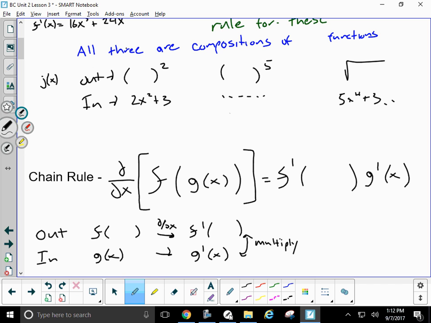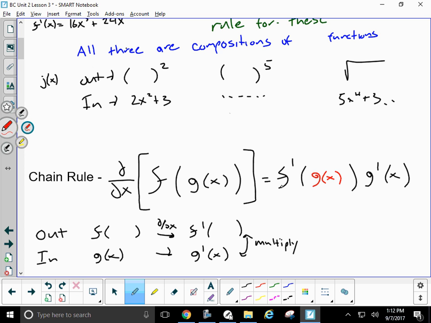However, we're not going to want to have just like this blank space after f prime. That's not going to make sense. So what we're going to do is just understand that what was inside of f was g. We're just going to leave that inside of f prime.